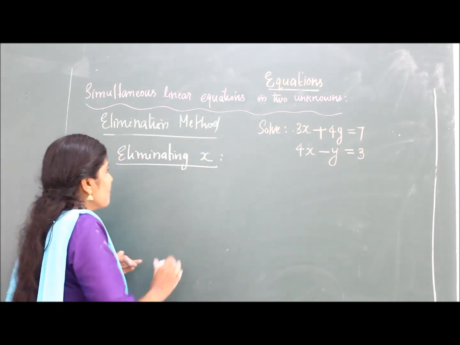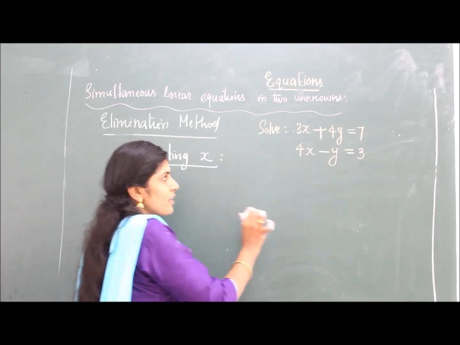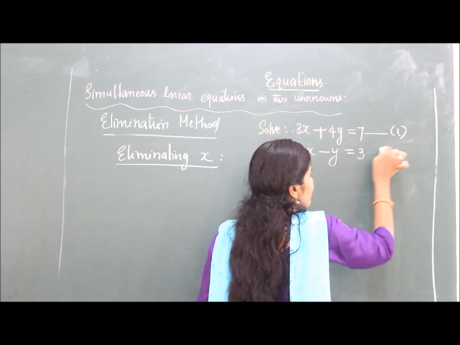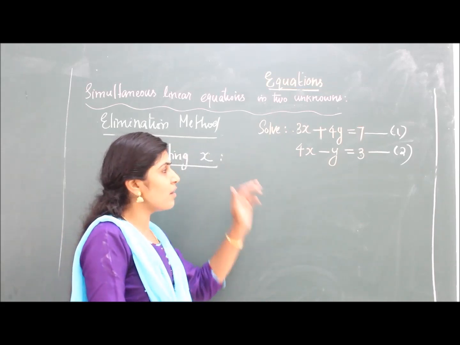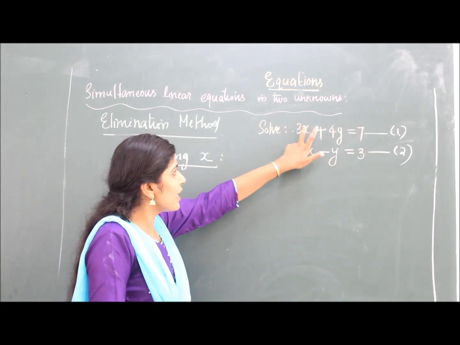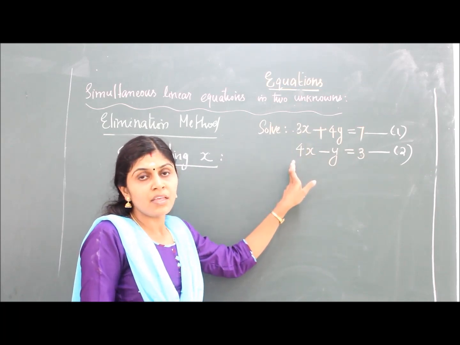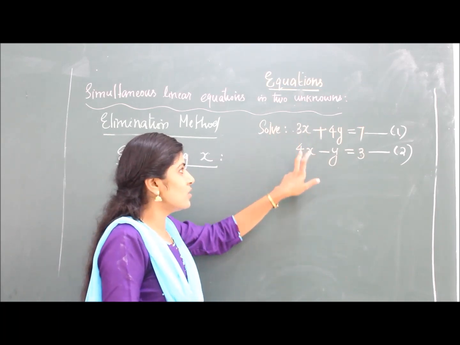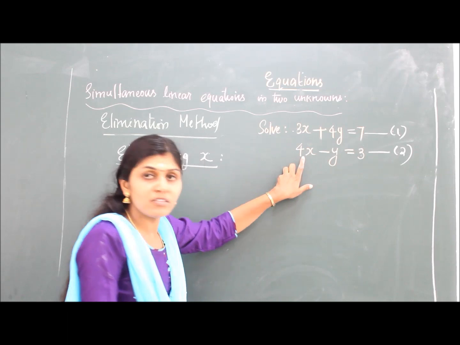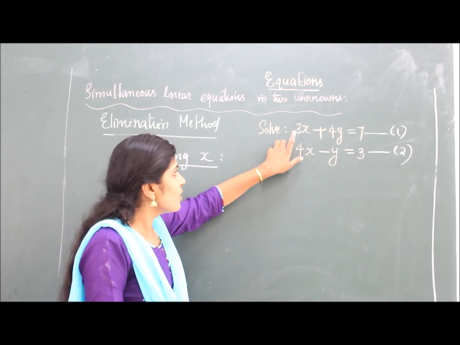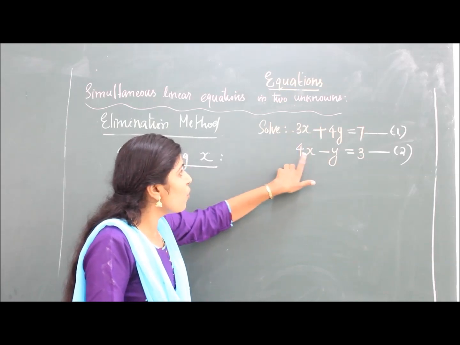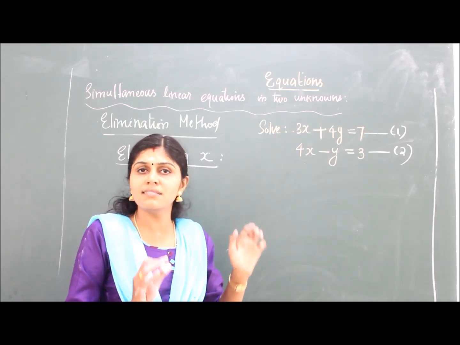In order to eliminate x, usually we take the given equations as equation 1 and equation 2, and in both equations we have to eliminate the x terms. For that, the coefficient, which means the number that appears along with the variable, of x in both equations must be the same.